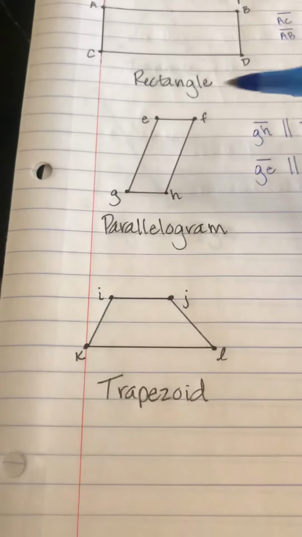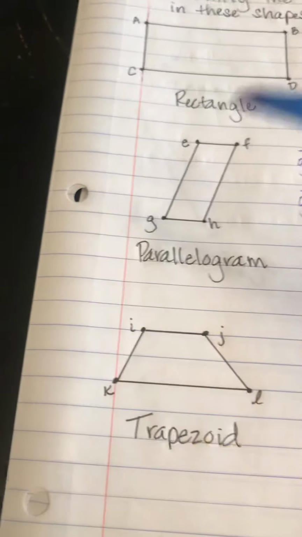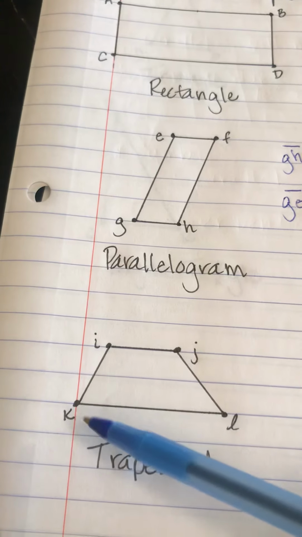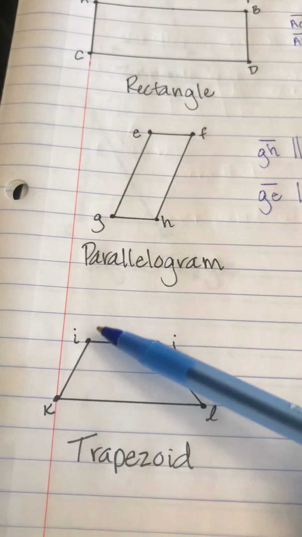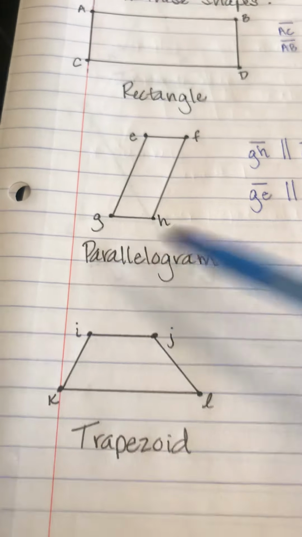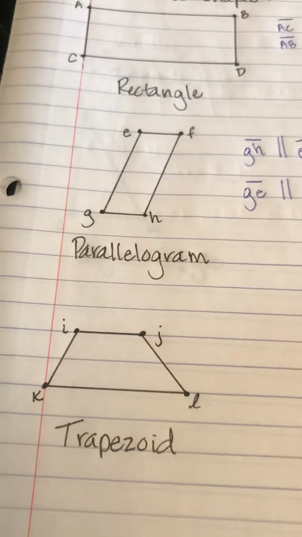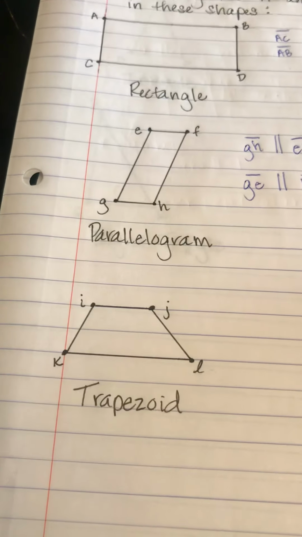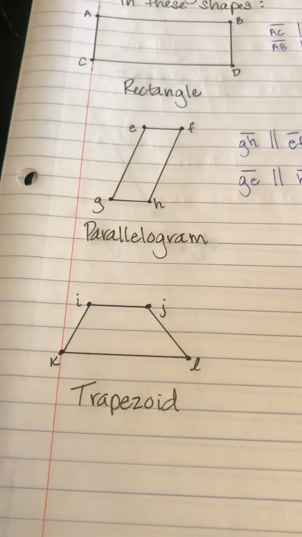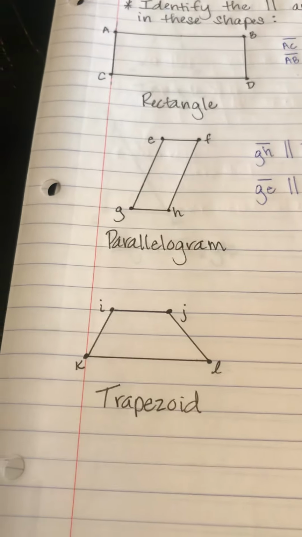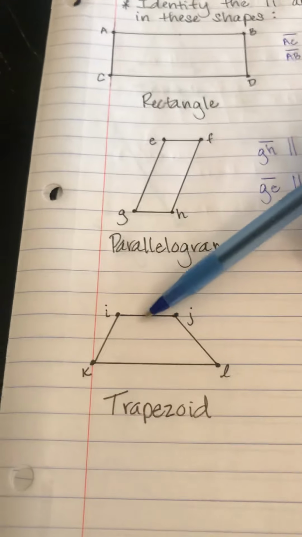Now let's check and see if we have any lines that are parallel. So I'm kind of imagining this line right here, if I were to extend it up like that, right? And then this one over here, if I were to extend it up, they would cross. They would intersect. So that means they are not parallel, okay? Now let's check these ones here.